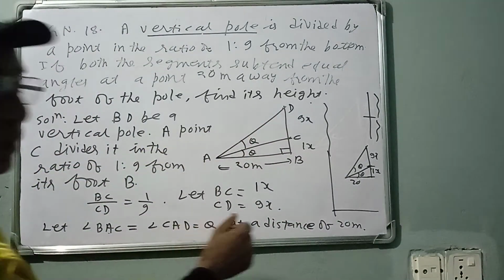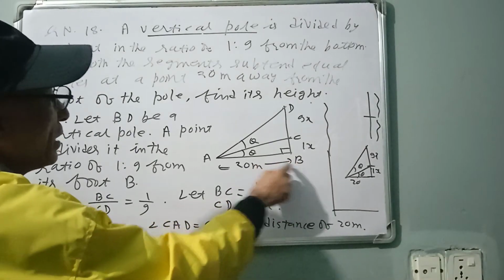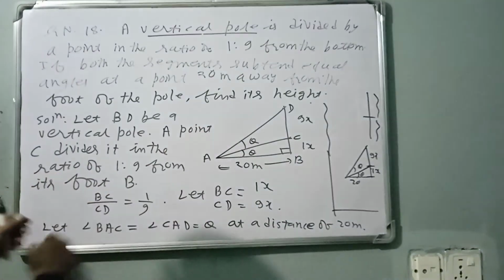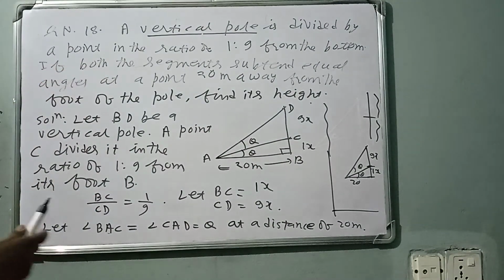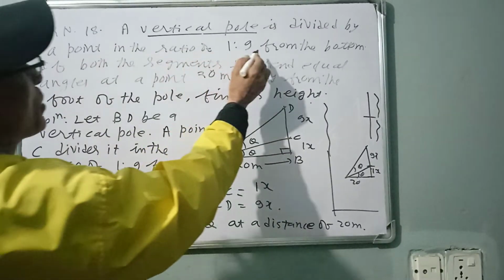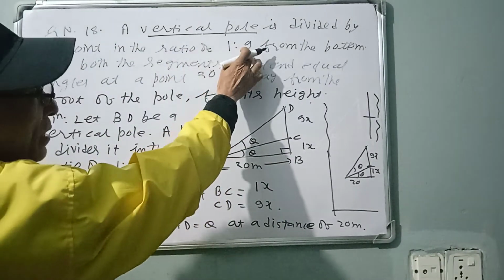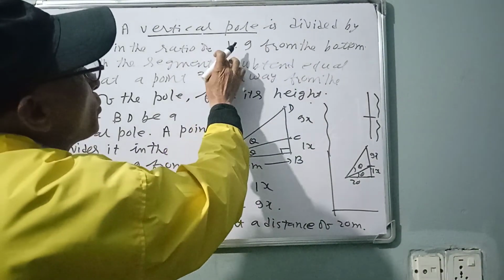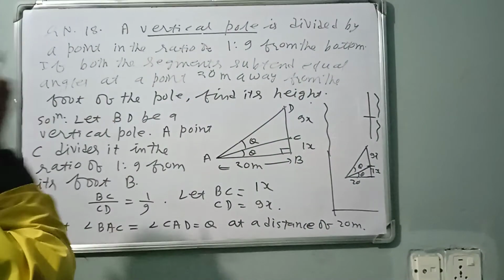So let the equal angle be angle BAC equal theta and angle CAD also theta. See, this should be underlined. What to write here? Divided by a point in the ratio of 1:9, 1x 9x. 4:3, 4x 3x. 2:5, 2x and 5x.